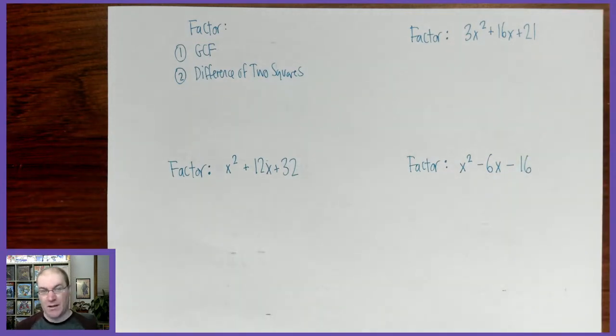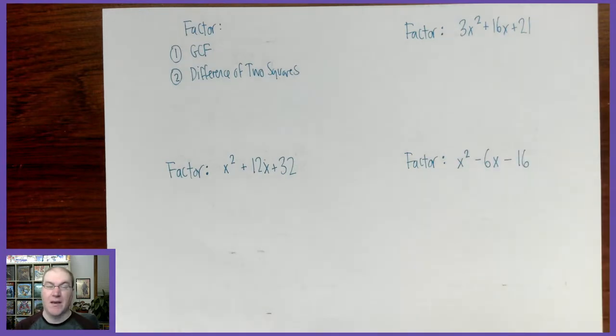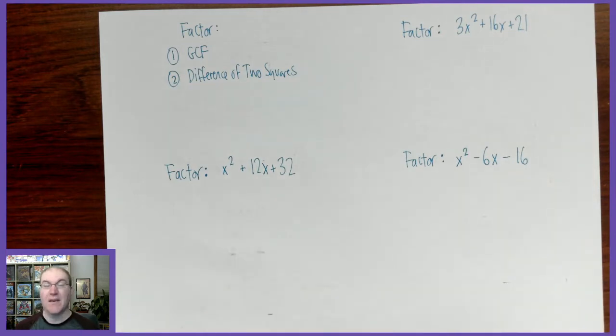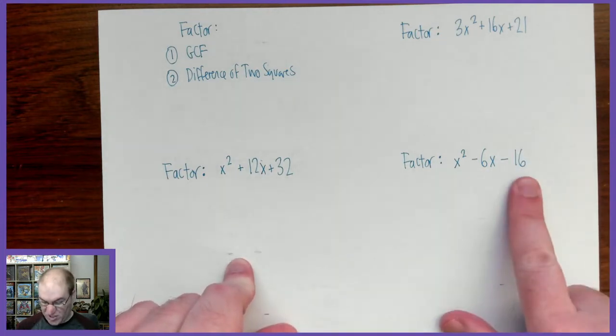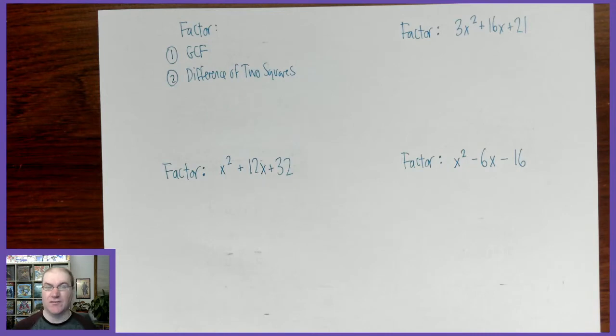For it to be difference of two squares factoring, it needs to be a binomial, which none of these are. It needs to have a minus sign in the middle, which that one kind of does, but it's not a binomial. And every single thing involved has to be a perfect square. 16 is a perfect square, right? But none of these are difference of two squares factoring.